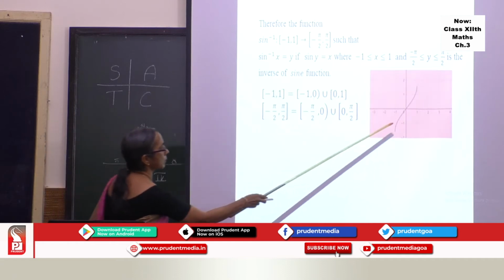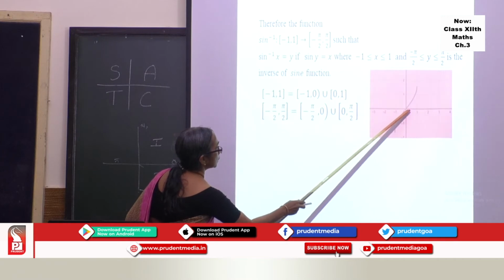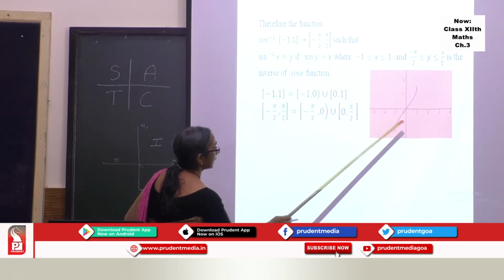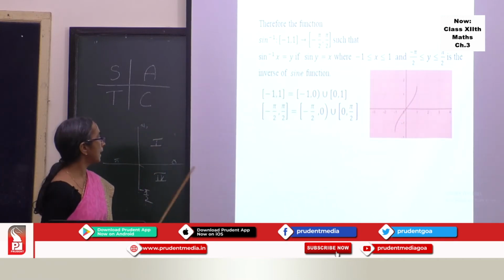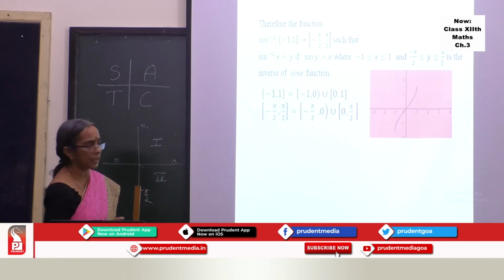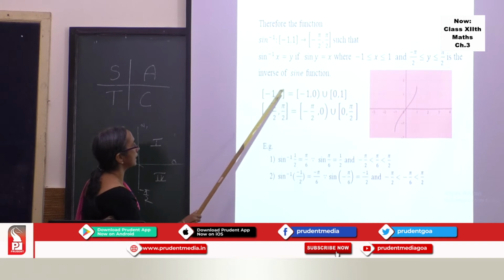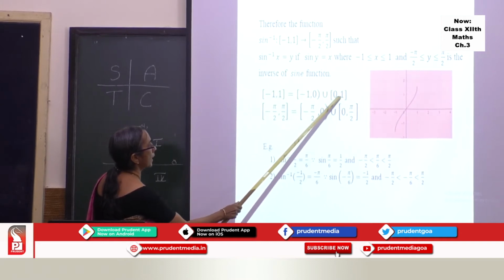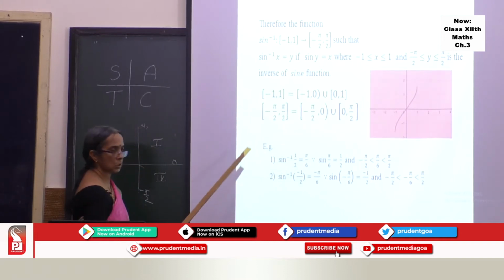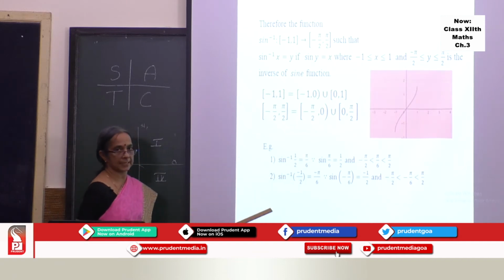From the graph also you are getting the same: 0 to 1, 0 to pi by 2; 0 to minus 1, 0 to negative pi by 2. That is the sine function. So, here I am giving some examples. Sine inverse of half. Here half is in the interval 0 to 1. Sine inverse of half is equal to pi by 6.